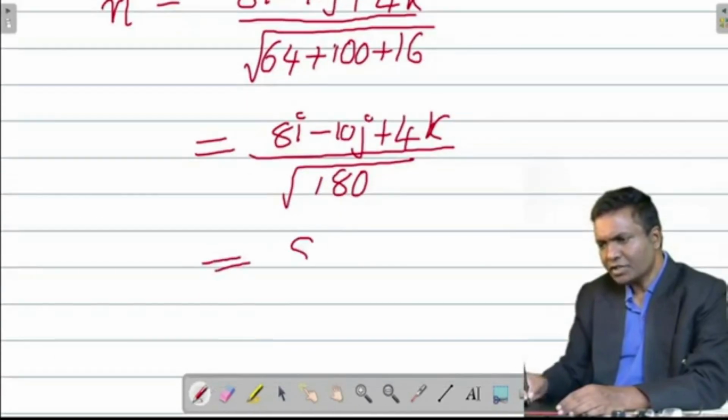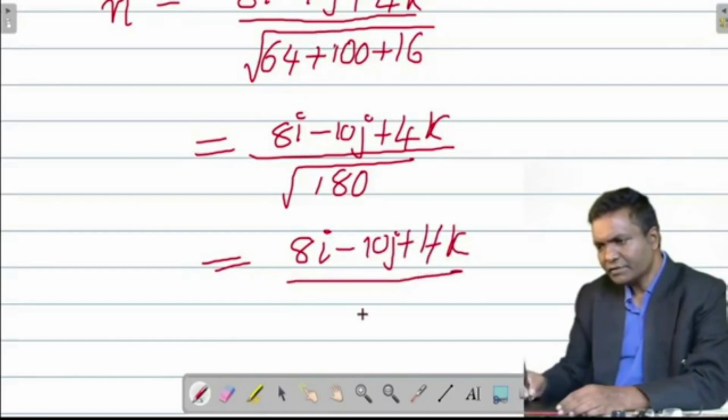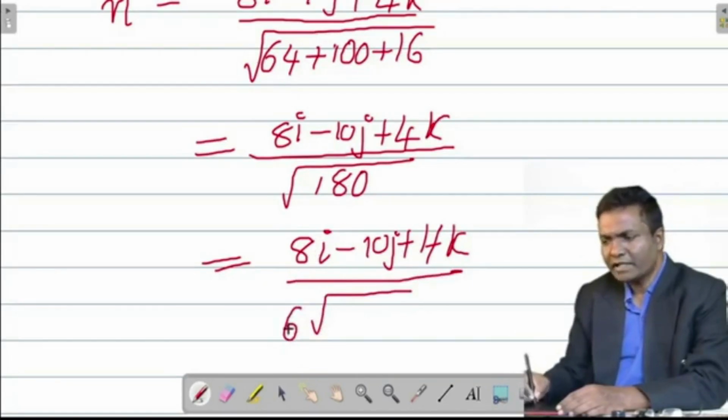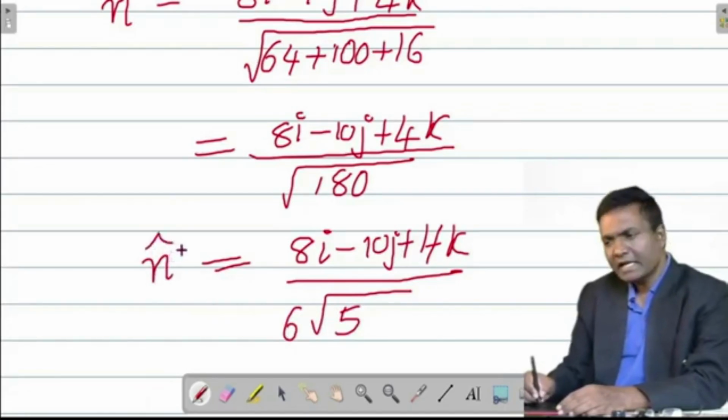On simplification, you will get 8i minus 10j plus 4k divided by the square root of 180, that is 36 into 5, so I can write it as 6 root 5. So this is your unit vector which is perpendicular to both A and B.